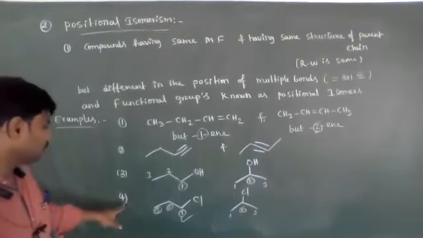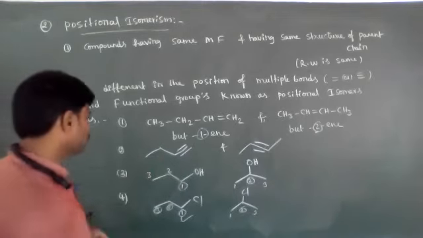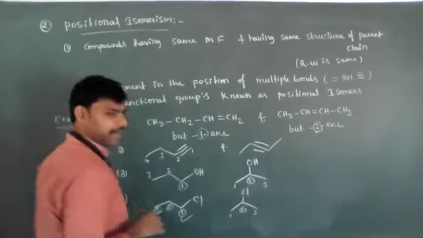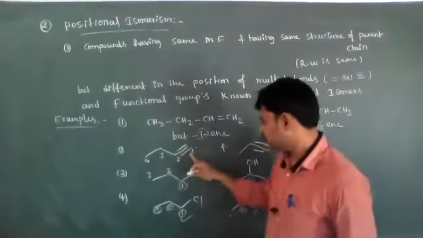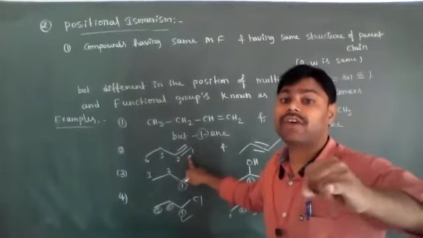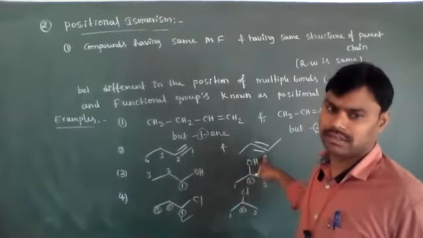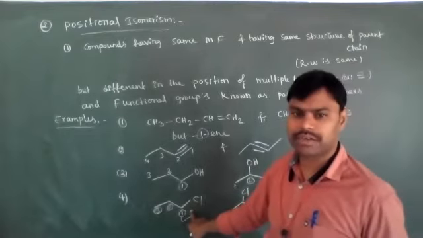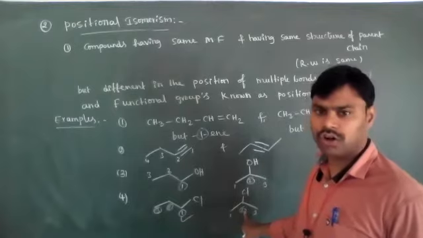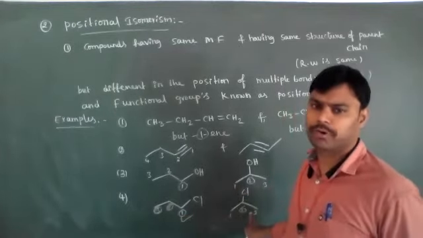Second, third, fourth. Second one, what is the name of this compound? The root word has 4 carbon atoms, and the triple bond position is at 1, so it is but-1-yne. Now this compound is but-2-yne. The fourth compound name is 1-chloropropane and this is 2-chloropropane.